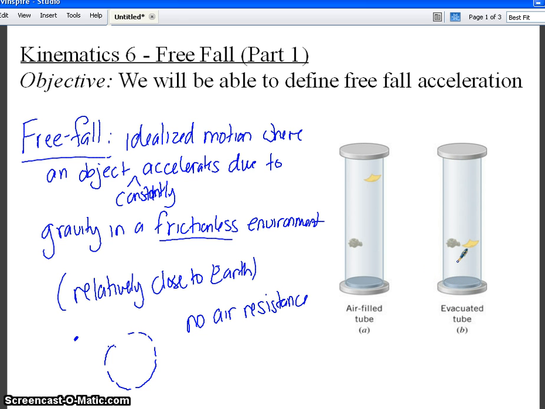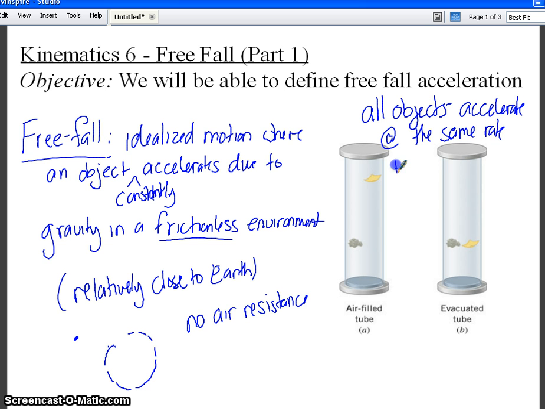So same thing, all objects accelerate at the same rate in free fall. So if it's a car, if it's a human, if it's a bowling ball, if it's a feather, if it's a piece of dirt, it doesn't matter what it is, all objects will accelerate at the same exact rate in free fall.